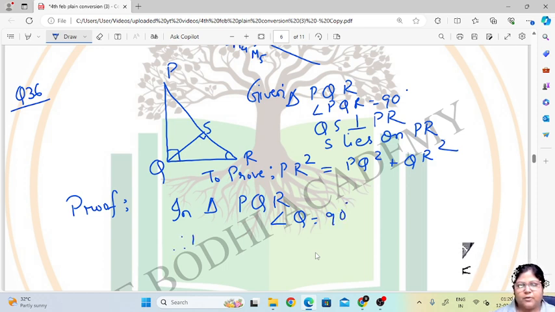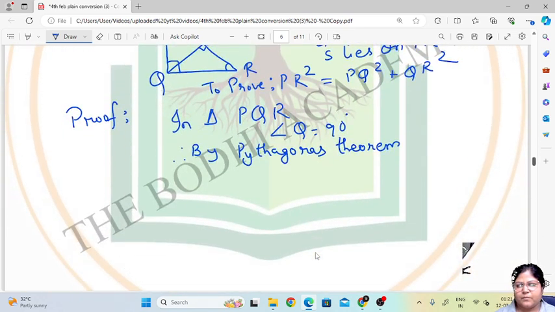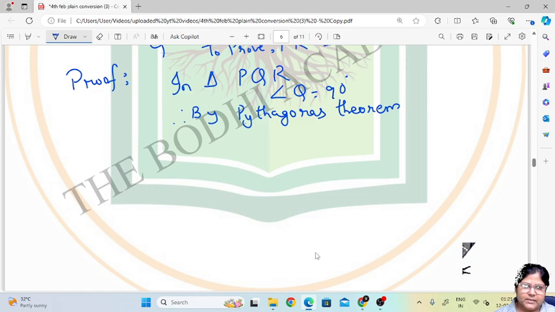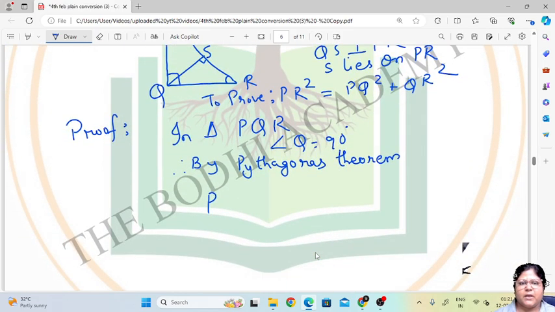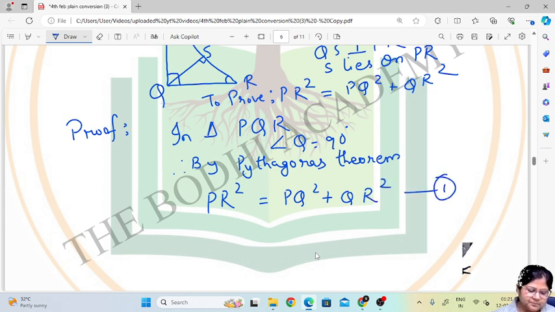So therefore, by Pythagoras theorem, what I can say is PR square equals PQ square plus QR square. This will be your equation number 1.